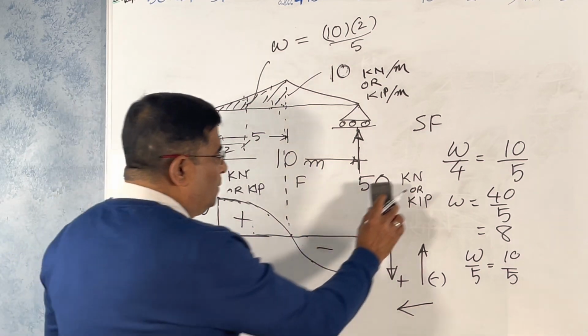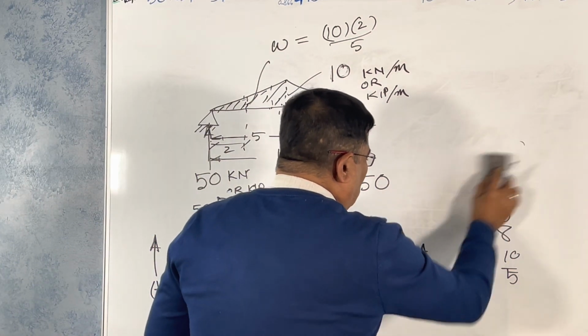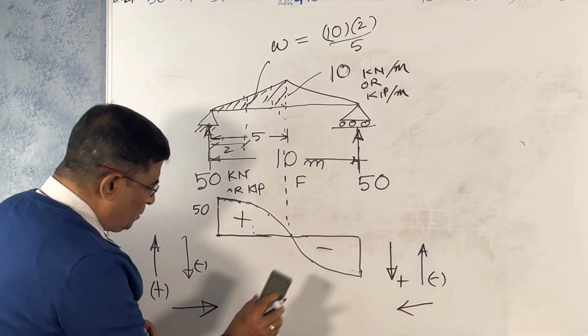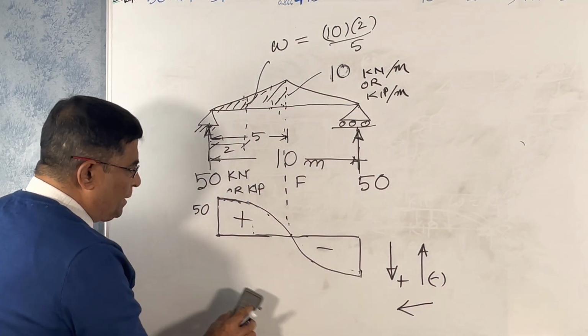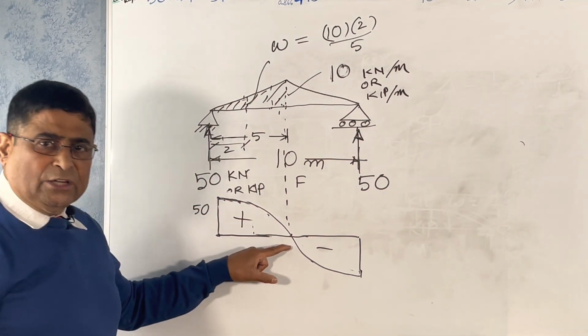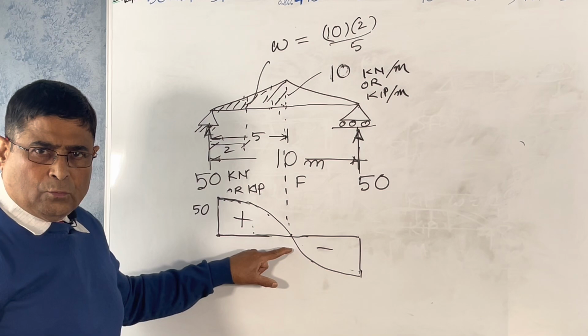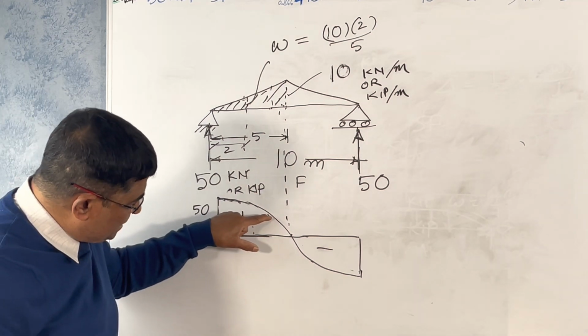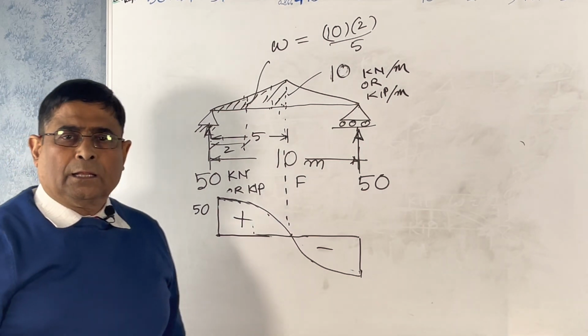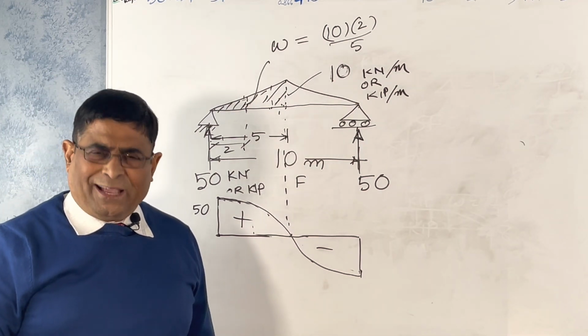Okay. Now, how will the bending moment look? You know from your earlier experience that where the shear force is 0, or changes sign from positive to negative, at that point the bending moment is maximum.